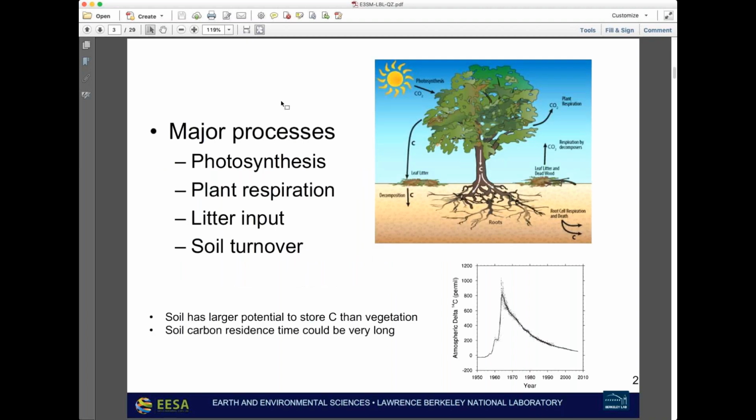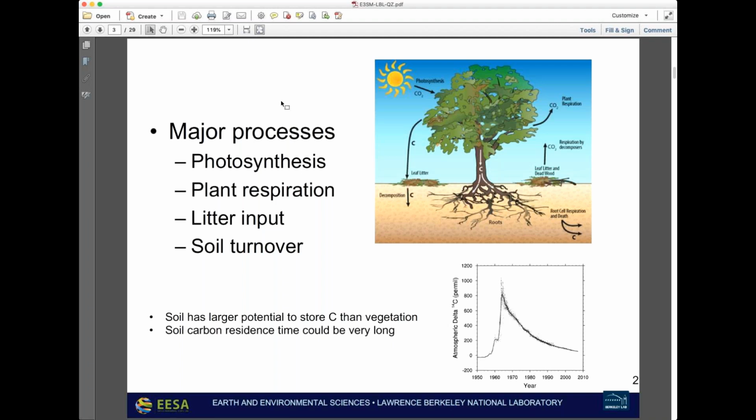So for the carbon cycle through the terrestrial ecosystem, we wanted to mostly focus on those major processes, from the observational side and also from the modeling side. So we want to capture the major flow of the carbon through the system and how it returns back into the atmosphere.